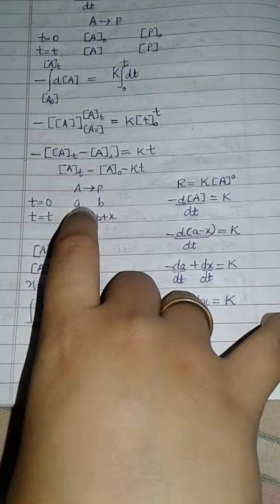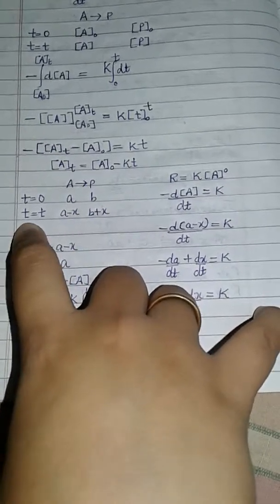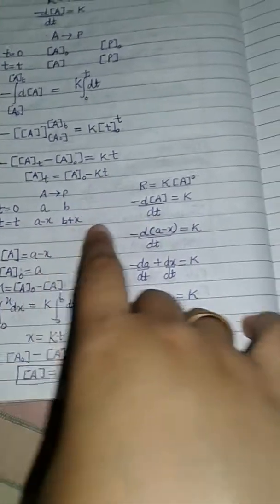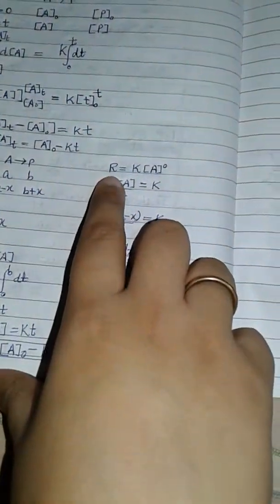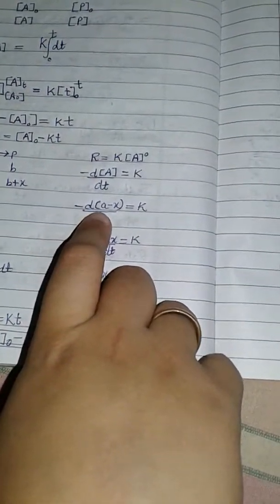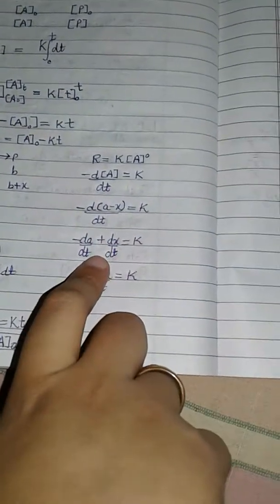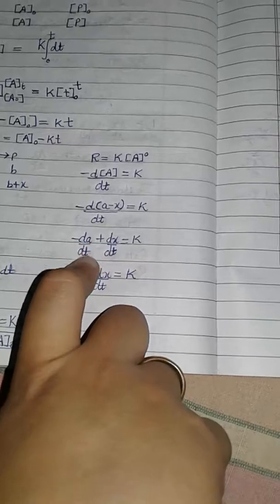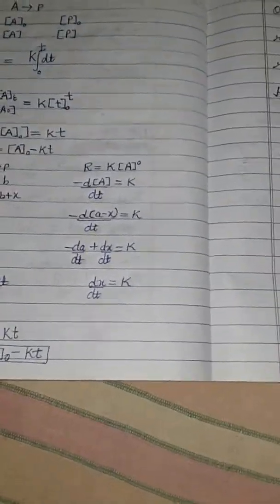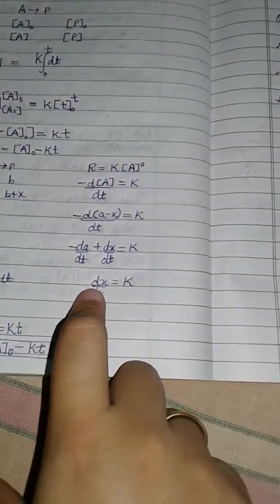Now when time is 0, it is a, then it is b. After time t, a minus x is left, this is b plus x. So rate is equal to k a to the power 0, minus dA upon dt is equal to k, minus d(a minus x) upon dt is equal to k. So splitting the terms, minus dA upon dt plus dx upon dt is equal to k. A is constant, so dA is cancelled.